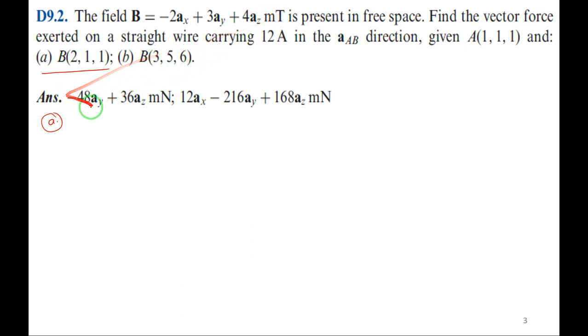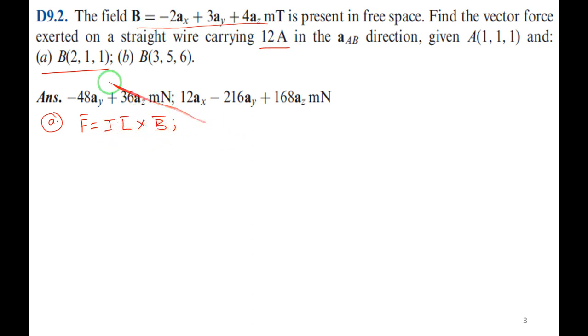Straight conductor means they are asking us to find the vector force, and we know that the vector force acting on the straight conductor is I L cross B. B vector is given, current I is given, so what is the L vector? We have to decide.